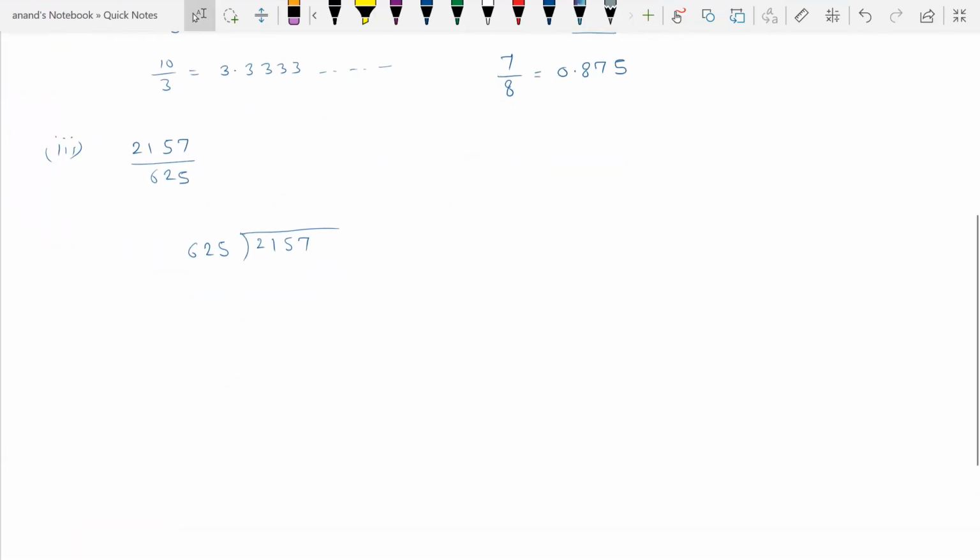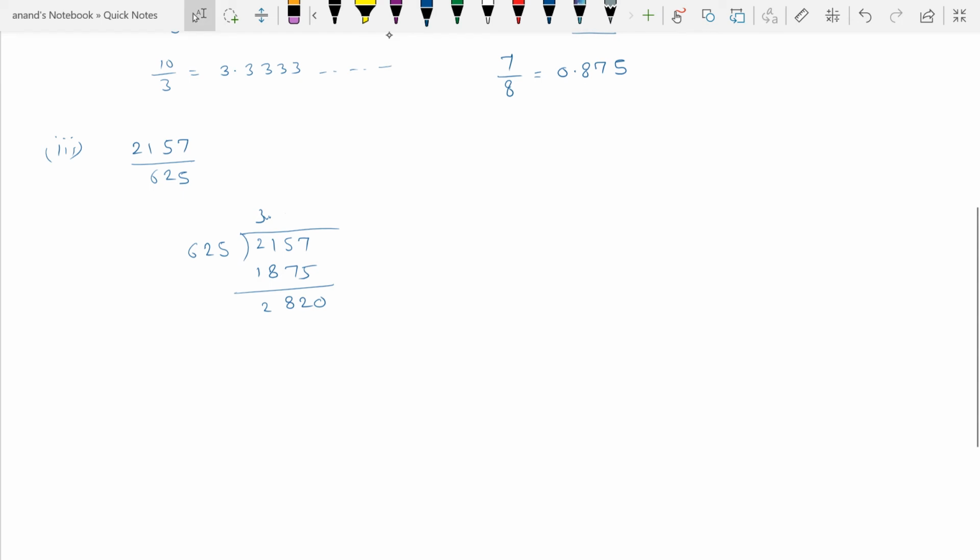In this example we have 2157 divided by 625. So the division can be written as 625 3 ja 1875, and the remainder will be 282, and we will use a decimal point over here and we will use 0.